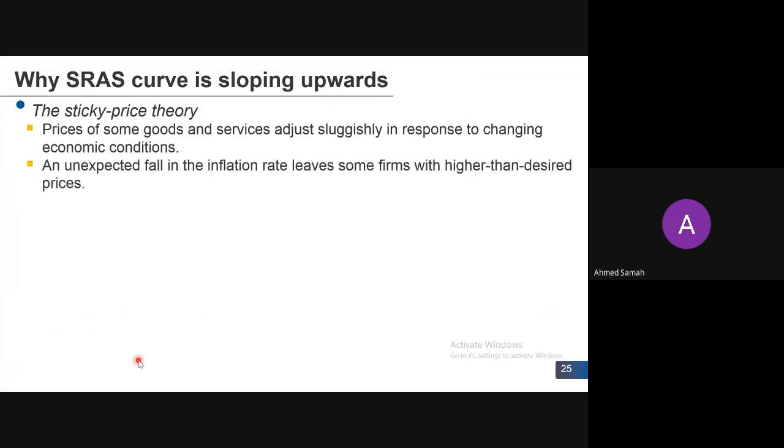So an unexpected fall in the inflation rate leaves some firms with higher than desired prices. Even though the overall general price level in the market falls unexpectedly, some firms might still be charging higher prices on the goods they produce.